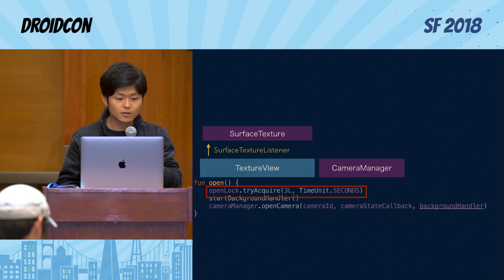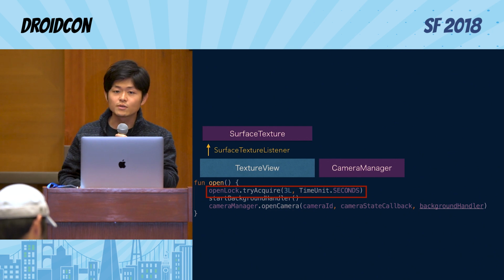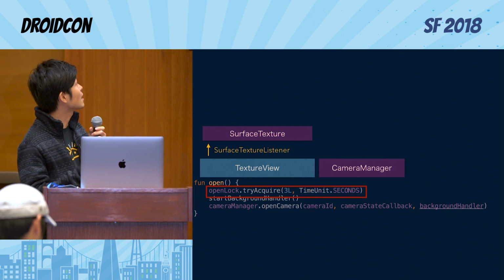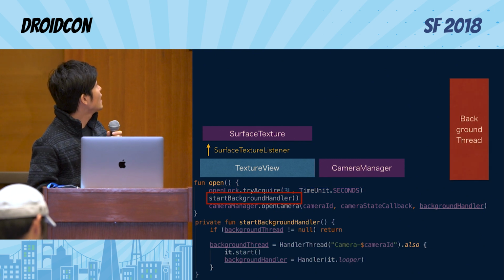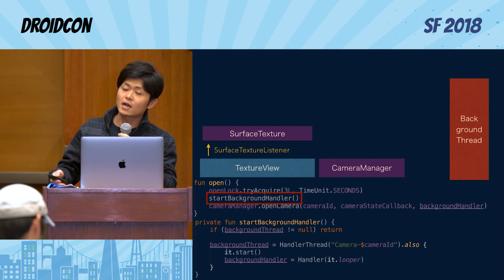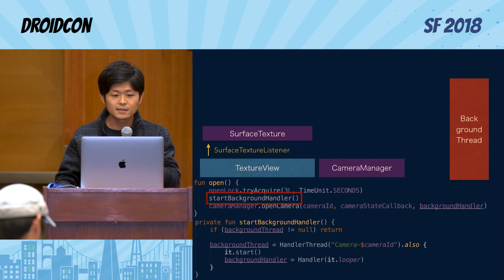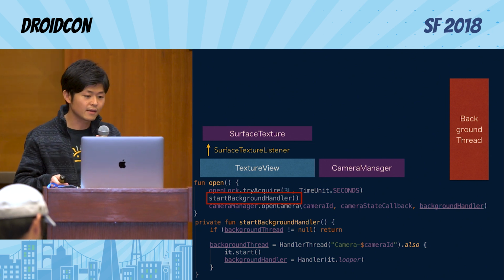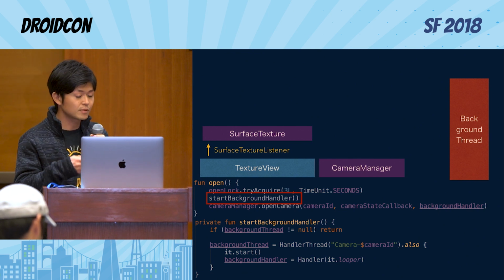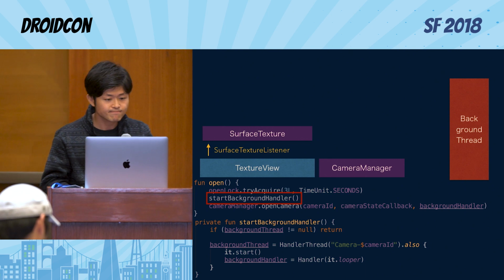First, we acquire a semaphore lock so that other processes will not access the camera device while we're trying to open the camera. And then we start the background thread handler. Because all the camera API requests happen on one thread, we need to create a background thread to manage the asynchronous process.